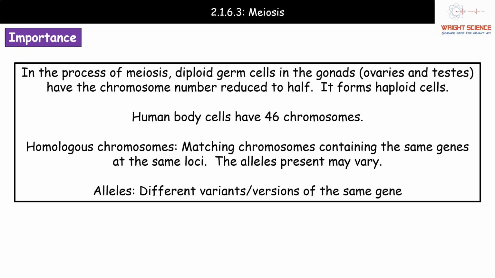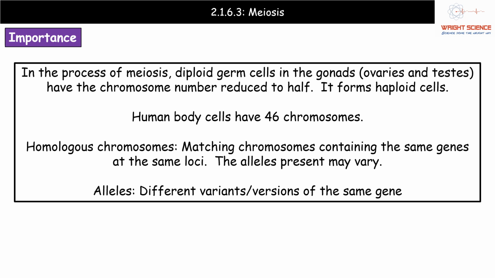In terms of where meiosis comes into this sexual reproduction process, it's all to do with actually producing those haploid cells. So what actually happens in meiosis is those diploid germ cells in our gonads, so ovaries or testes, depending on obviously your sex, will actually have their chromosome number reduced to half to make those haploid cells.